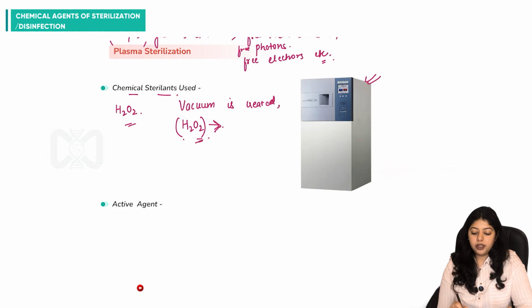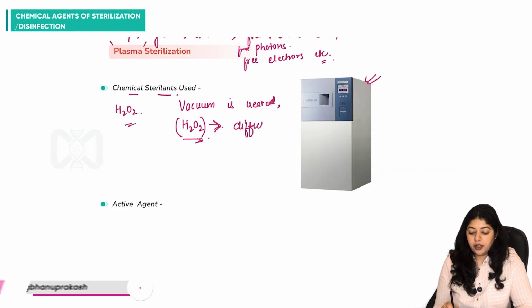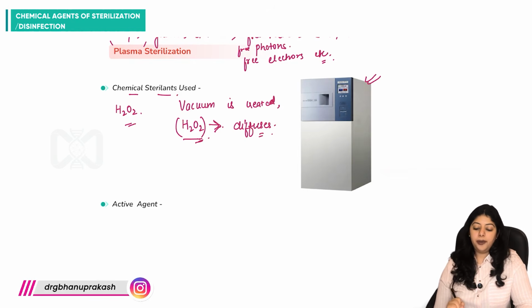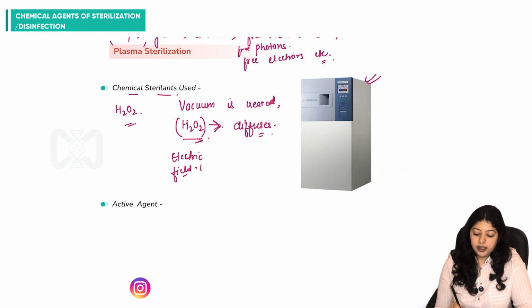And after this hydrogen peroxide diffuses into the whole area, then an electric field is allowed to pass.